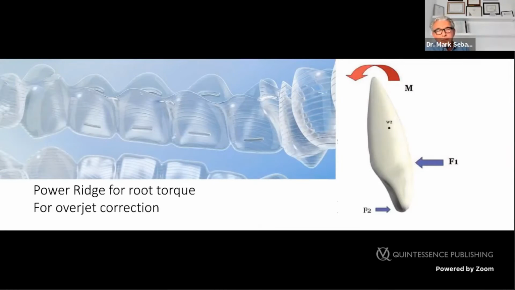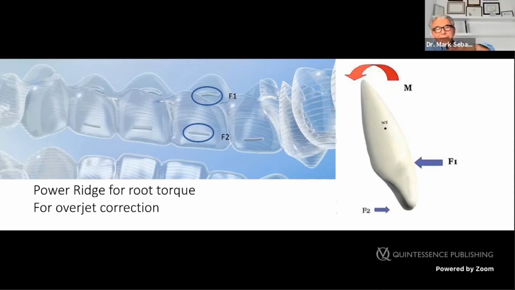And we have some power ridges to change the position, to change the torque. These power ridges are placed in the splint on the opposite sides. There we can open the space a little bit without changing the real position.